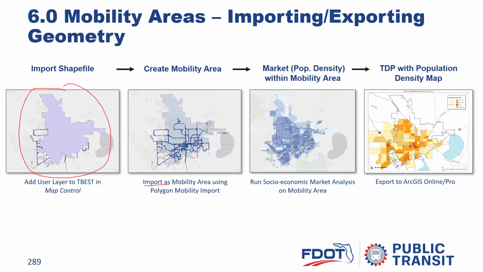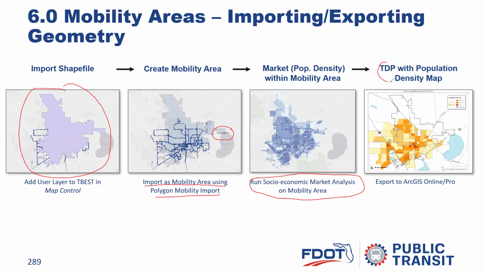So this import is a mobility area using the Polygon mobility area import. We've saved it as the city of Gainesville. You can see right here the name on it. And so we have it in our map, in our saved mobility areas. So it's very easy then to run a socioeconomic market analysis on that mobility area. In this case, the population density within the mobility area.